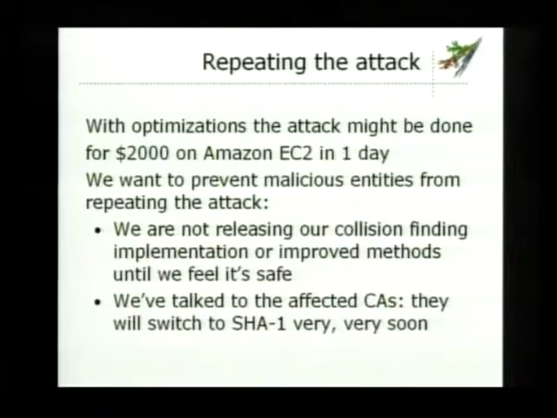Having this in mind, we want to take extra precautions to prevent anybody else from easily redoing our attack. For that reason, we are not going to release our collision finding implementation or our improved methods for doing the chosen prefix collision until we feel it's safe to do so.